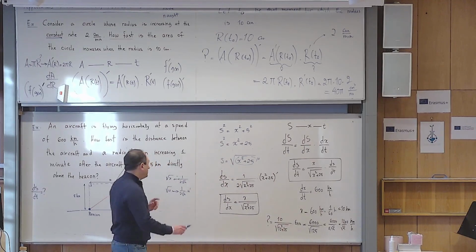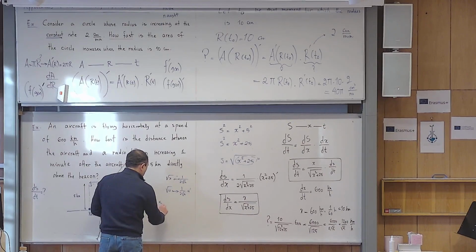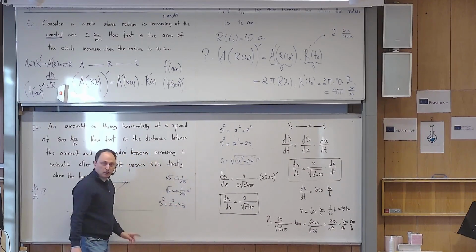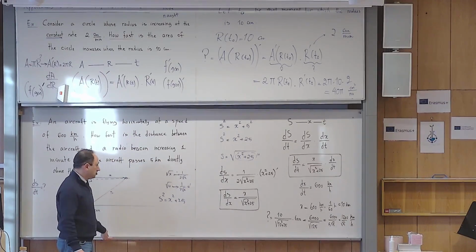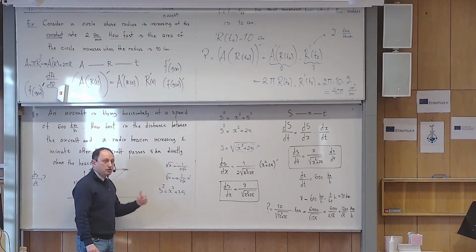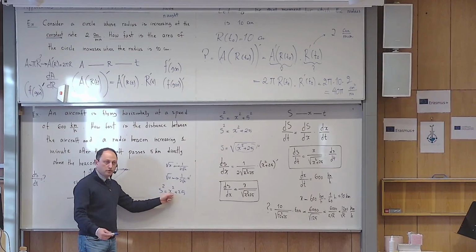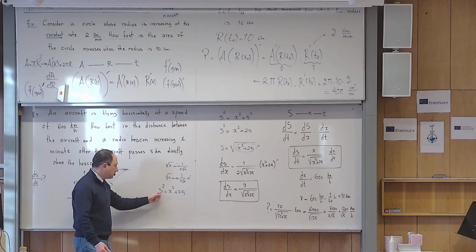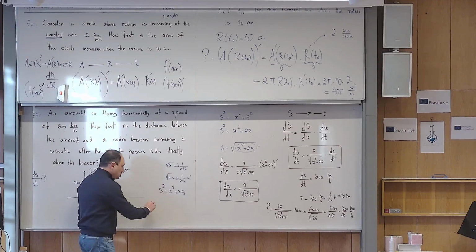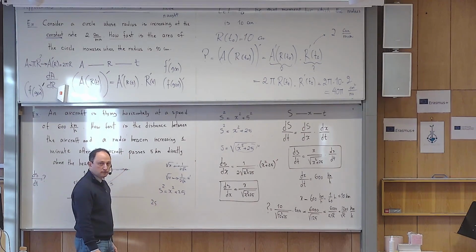Okay? How? I would say that s squared is x squared plus 25. Okay? When I want to differentiate, I differentiate with respect to time. And this is plausible because s is a function of time. x is also a function of time. So when I differentiate s squared, it becomes 2s as usual, but I have to multiply by s prime.